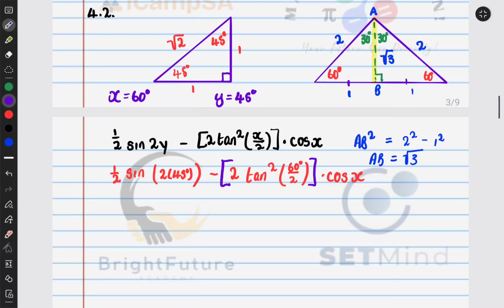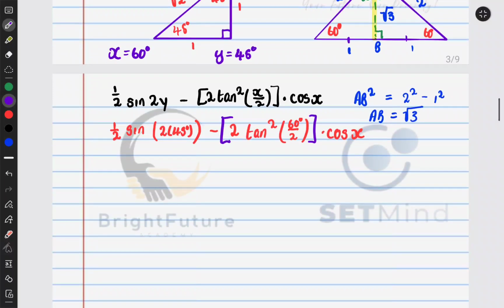Okay, so once we are here, let's work with what is inside the brackets first. So we're gonna have 1 over 2 sine of, what is 2 times 45? That is gonna be 90. So it's sine 90 minus 2 multiplied by tan squared 60 over 2. What is 60 over 2? That's gonna be 30.